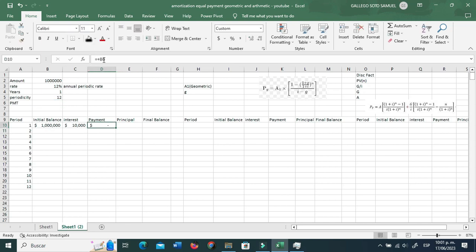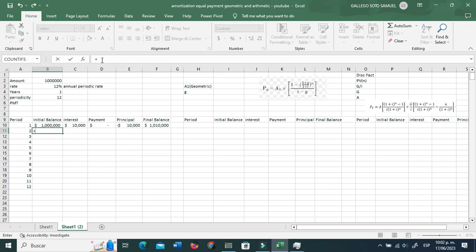I'm going to look it up so I can drag it down. It's not going to work, but let's go ahead and do this. So the payment minus the interest payment is the payment to the principal, and the final balance is just the initial balance minus the payment to principal.